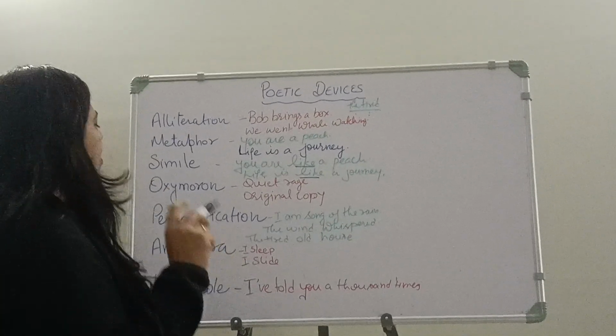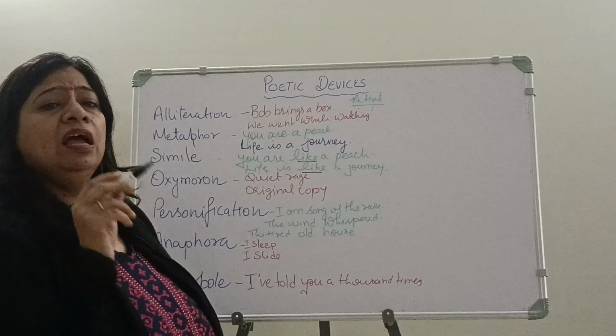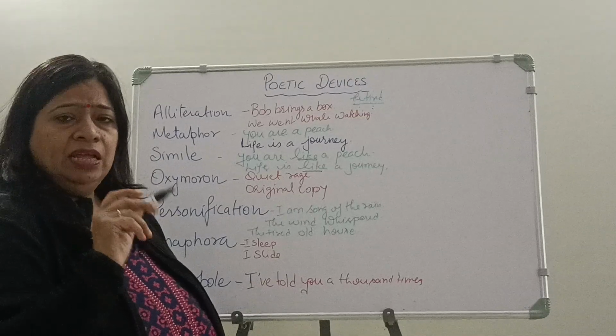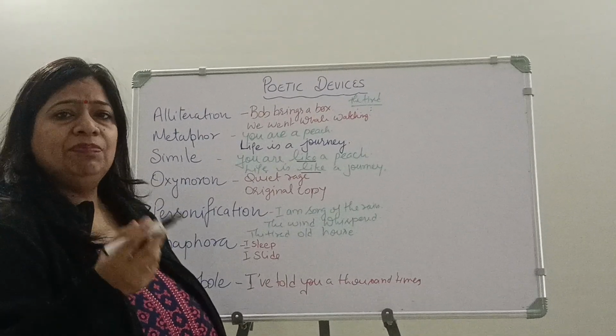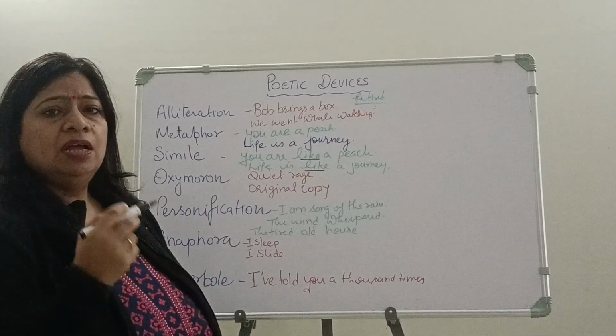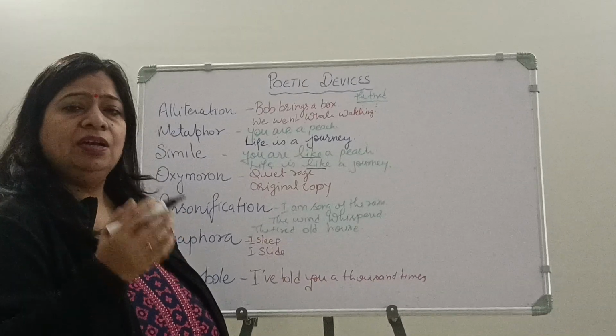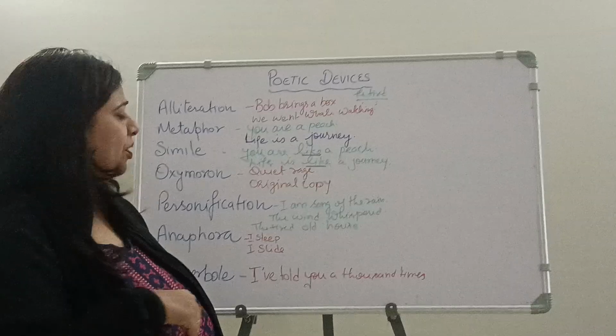Now come to the next one, personification. Personification, when a non-living being is animated to a human being, to a living being, then we have personification. Something is personified. That is called personification.